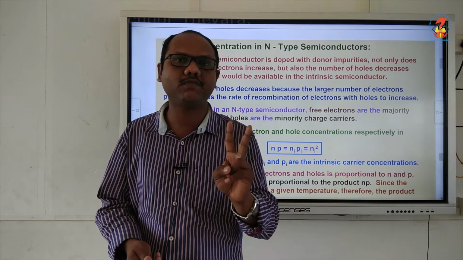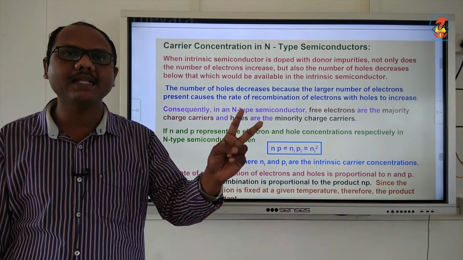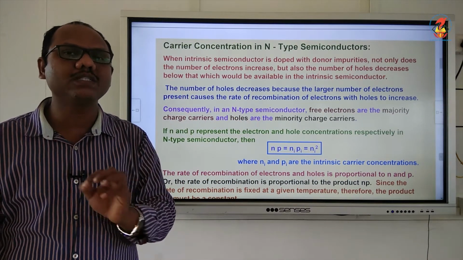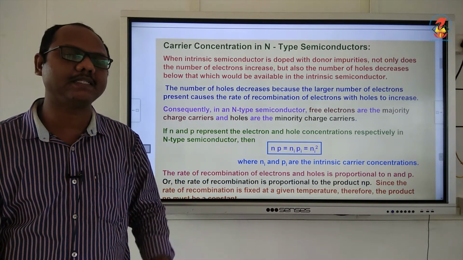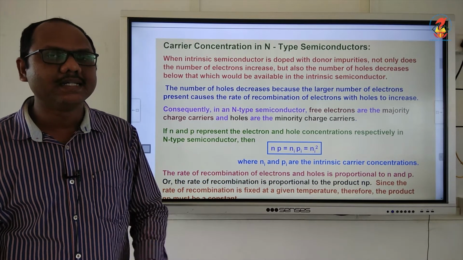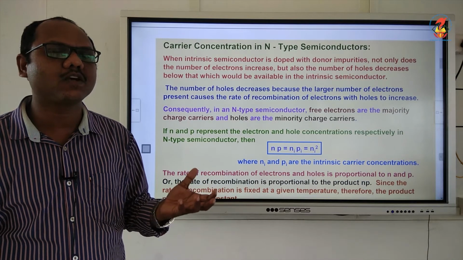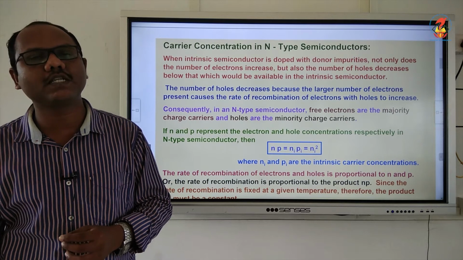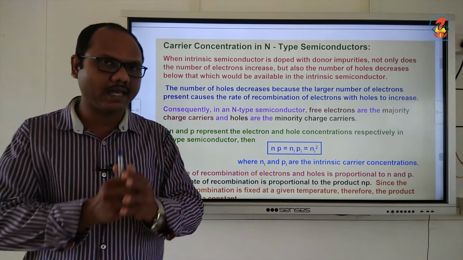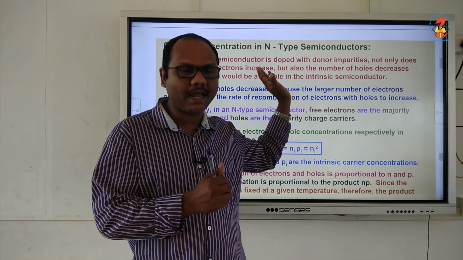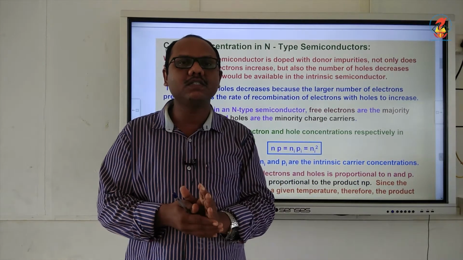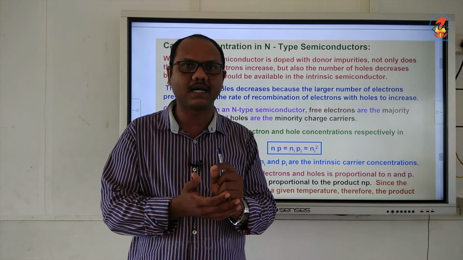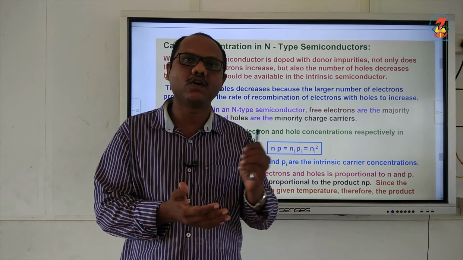So, free electrons are formed due to doping and due to thermal agitation, two things, whereas holes are formed only due to thermal agitation. So, here the electron carrier concentration will be more and hole charge carrier concentration will be less. Therefore, I can say like this: in n-type semiconductor, electrons are the majority carriers and holes are the minority charge carriers.